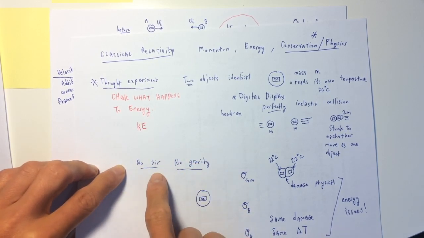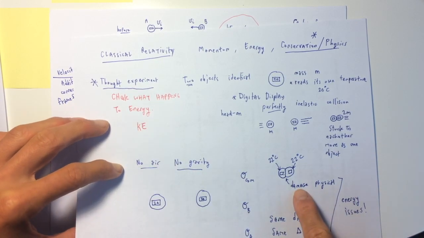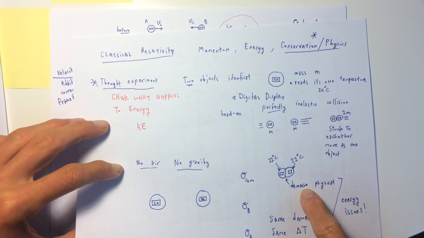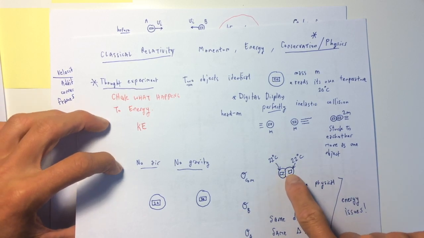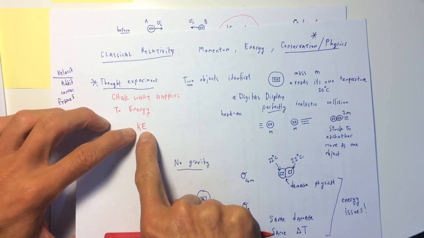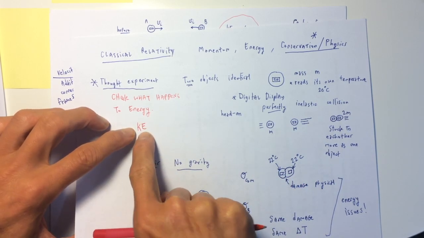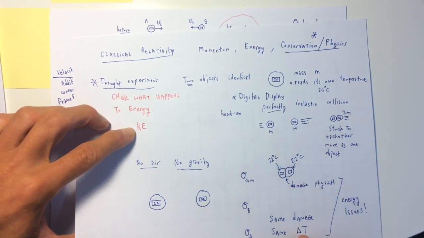But there is physical damage, and it takes energy to cause damage. And there is an internalization of thermal energy. So somehow this external kinetic energy becomes internal energy associated with temperature change.